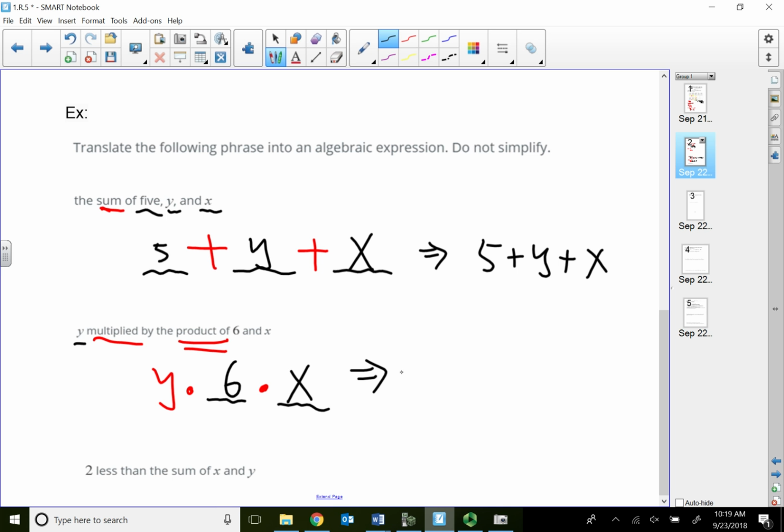If you say this problem is simply y times 6 times x, that's actually not what it says. What it says is y multiplied by the entire product of 6 and x. So it's really y times parentheses 6 times x. Okay, that's actually the answer. Tricky how we read them.